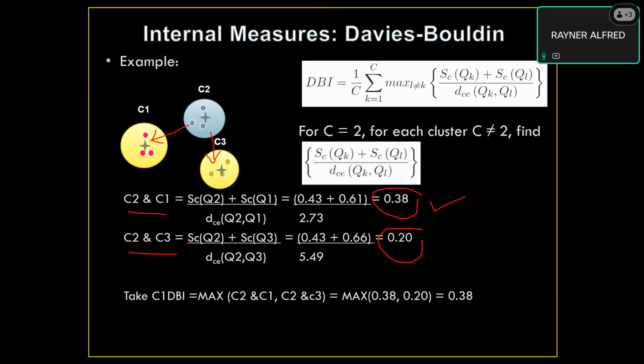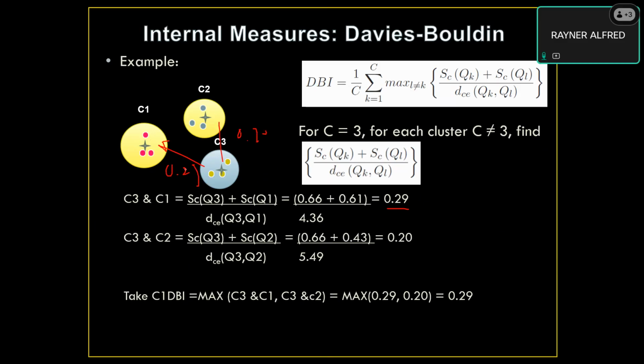So for C2, we have this 0.3. Next one we will do C3. For C3 and C1, we have 0.29. C3 and C2, we have 0.2. So we pick this one, the worst scenario.